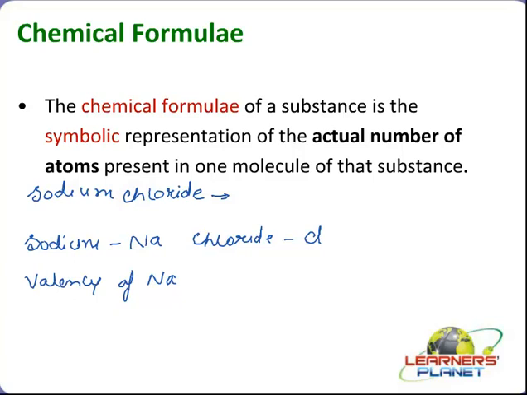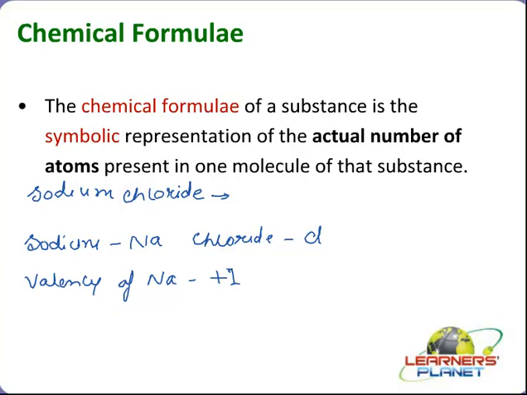What is this new term, valency? Valency is the number of electrons participating in a reaction, or the number of electrons required to form the product. Now sodium has the valency 1. So what is the valency of sodium? It is +1.